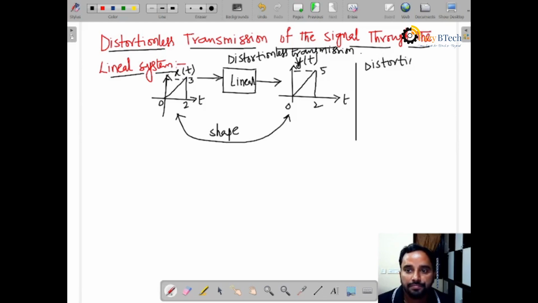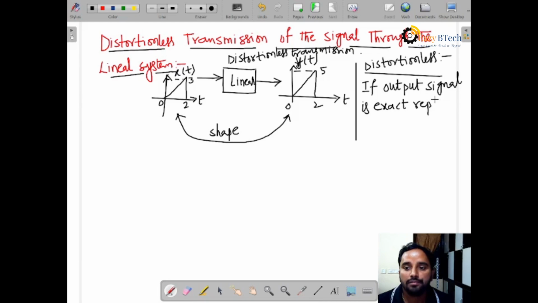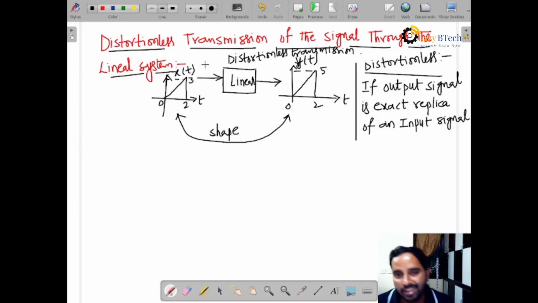If the output signal is an exact replica of the input signal, the same as the input signal, then that is called distortionless transmission.